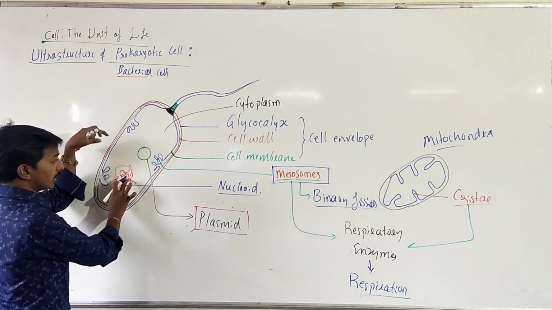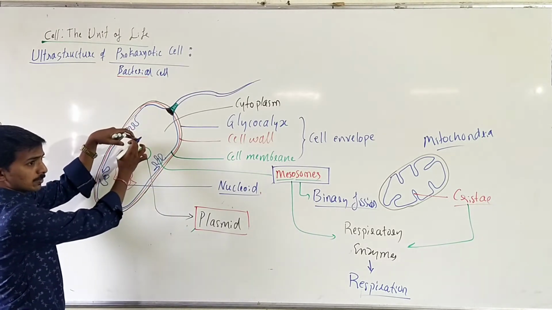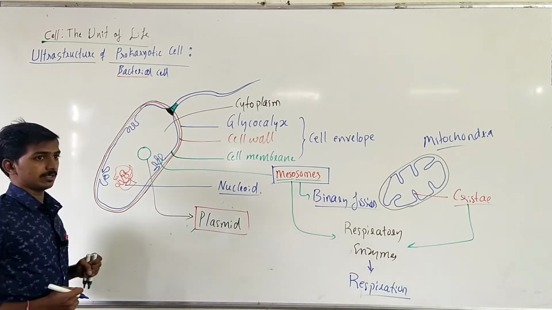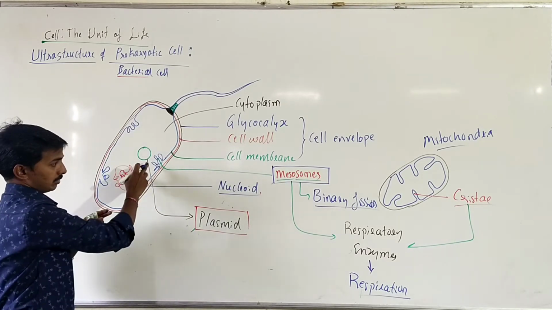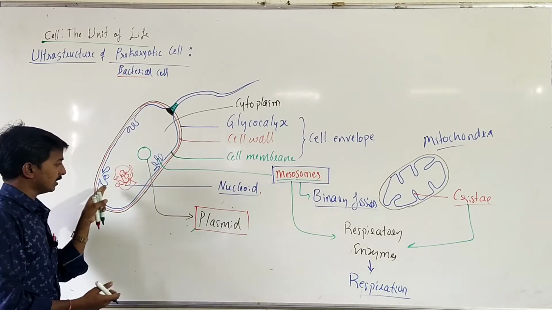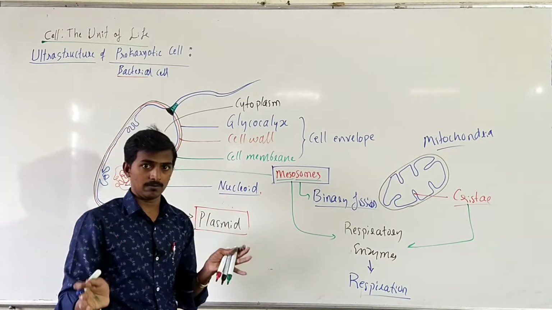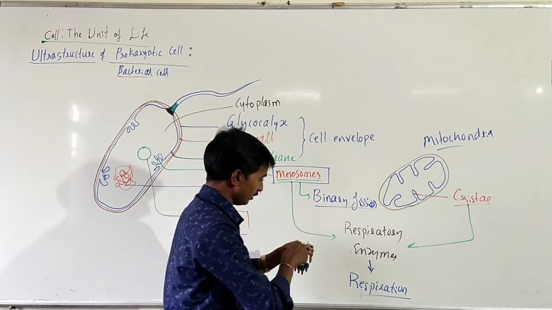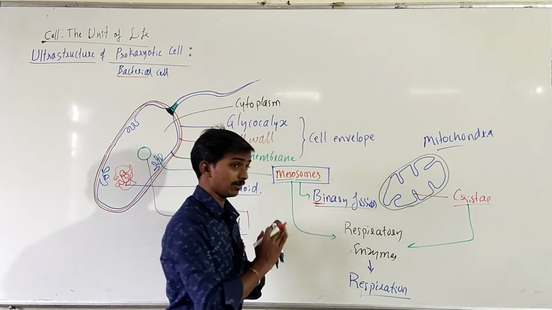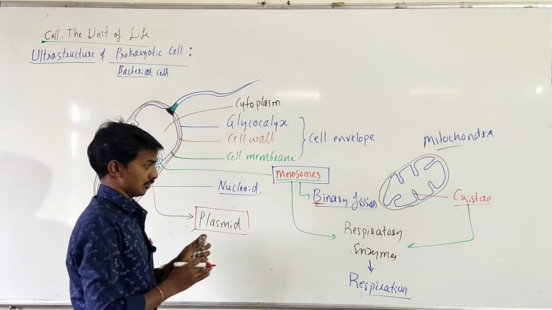The nucleus attaches to the two mesosomes so that it will divide equally. Both mesosomes divide, and the nucleus also divides into two equal halves. That is why it is called binary fission: bi for two, equal divisions, equal fissions.